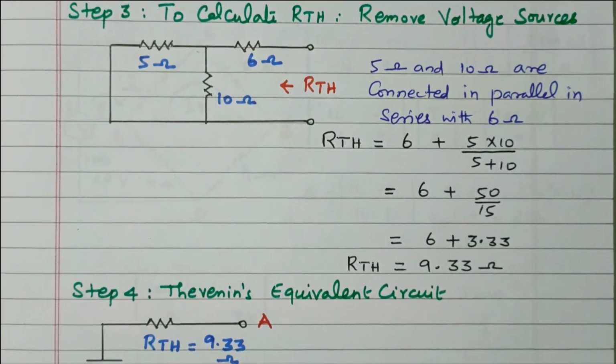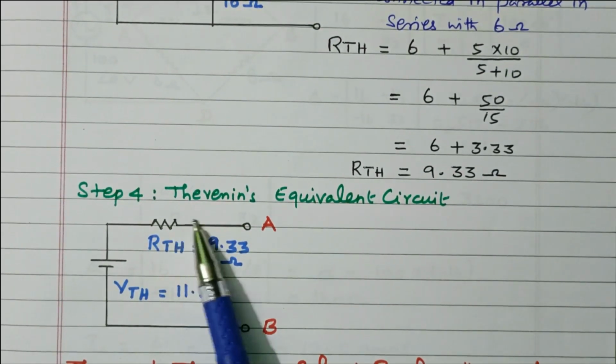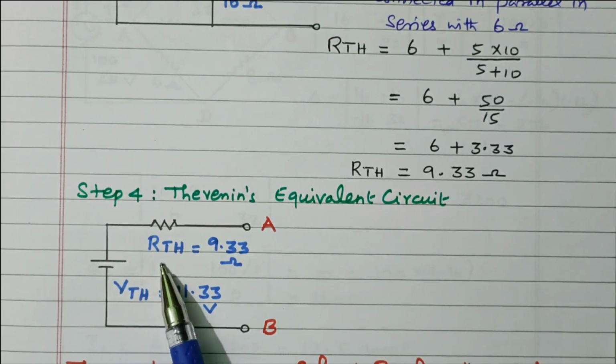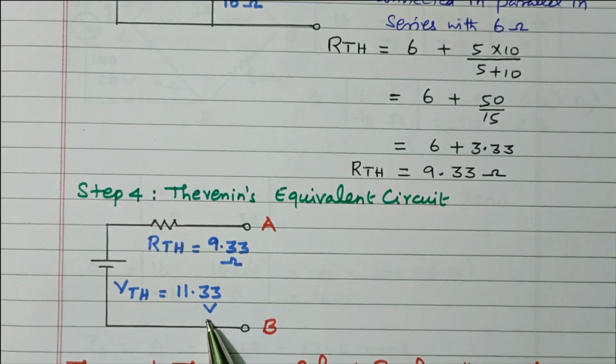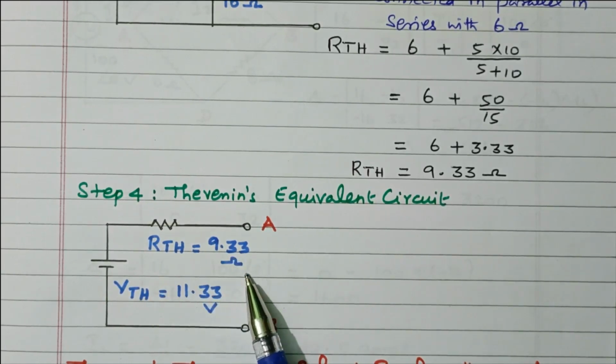So now we calculated V Thevenin as well as R Thevenin, so we can draw the Thevenin equivalent circuit. That is V Thevenin connected in series with R Thevenin. V Thevenin we calculated as 11.33 volts, either positive or negative, not a problem, and R Thevenin is 9.33 ohm. Just now we calculated.